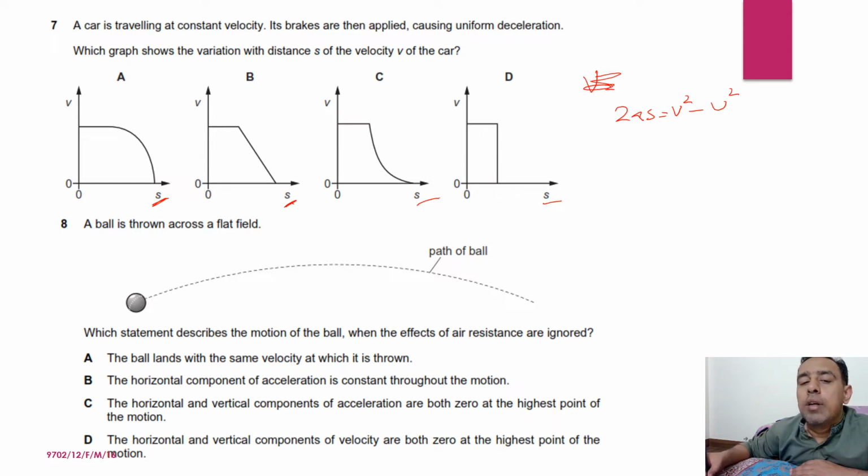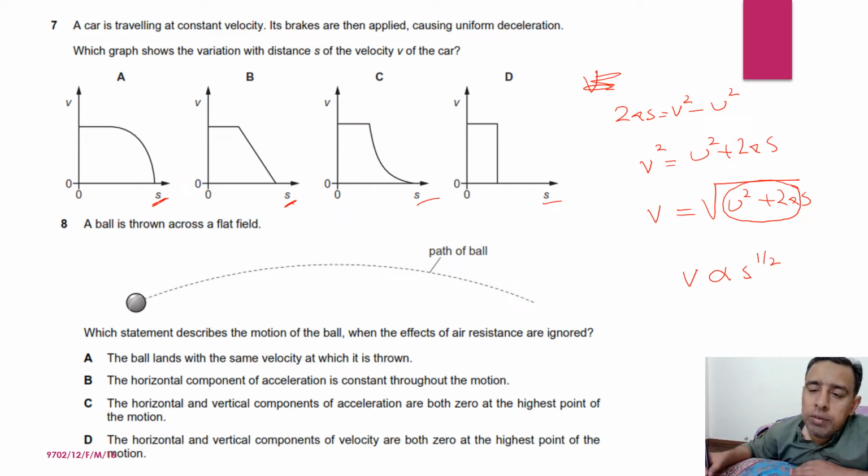Here we may write it as v square is equal to u square plus 2as, and you may write it as v is equal to under root u square plus 2as. All these factors are constant, the initial velocity and the acceleration, so we may write it as s power 1 by 2, or under root. It means when we are going to draw the graph, initially the velocity is constant.